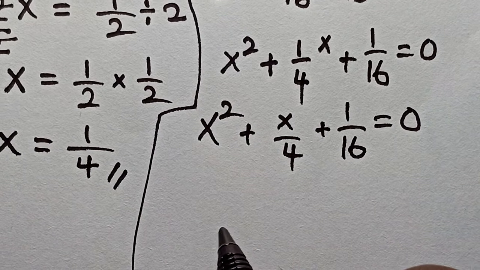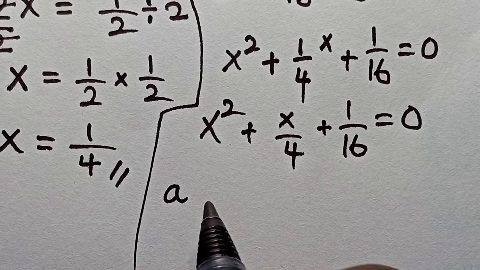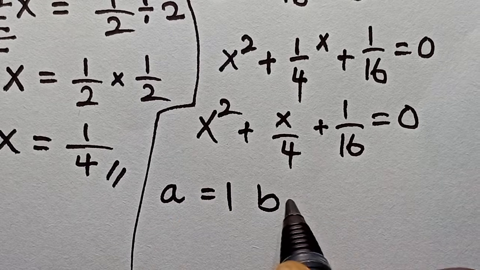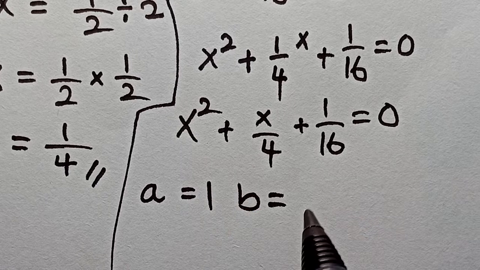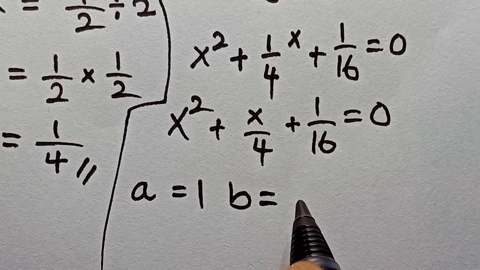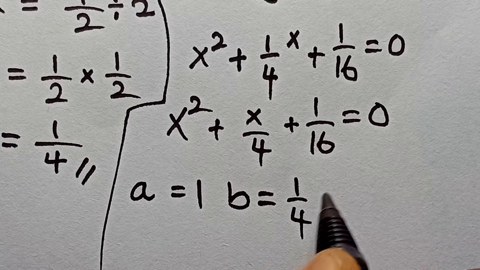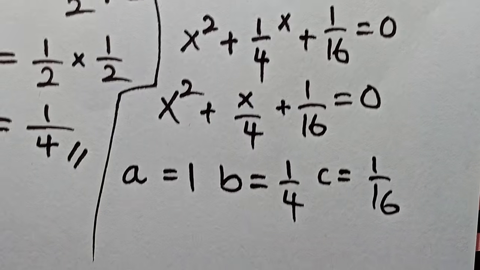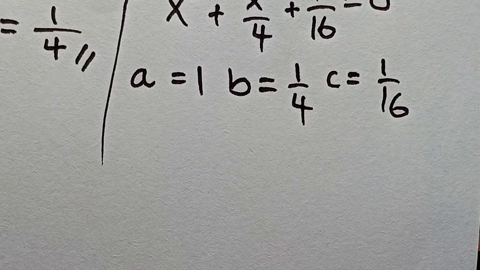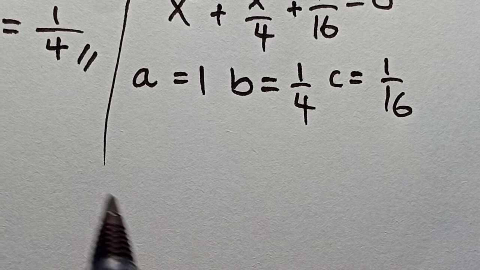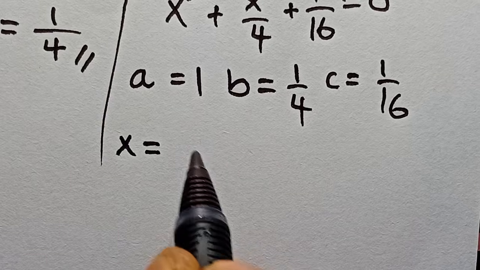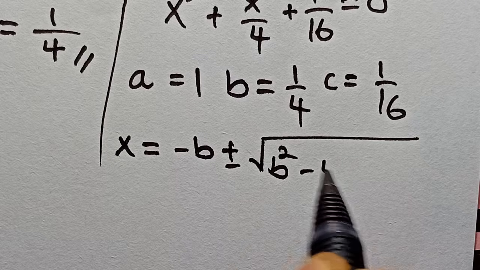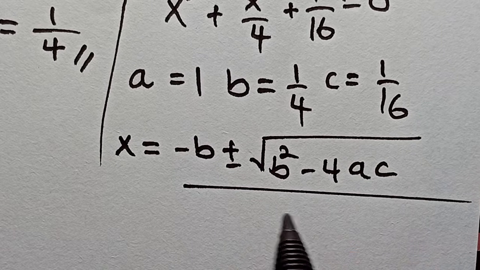Now, we have to define the following parameters: a to be the coefficient of x squared, which is 1, b to be the coefficient of x, which is 1/4, then c to be equal to 1/16. Now, solving this quadratically, we have to recall that x equals minus b, positive or negative, square root of b squared minus 4ac, over 2a.